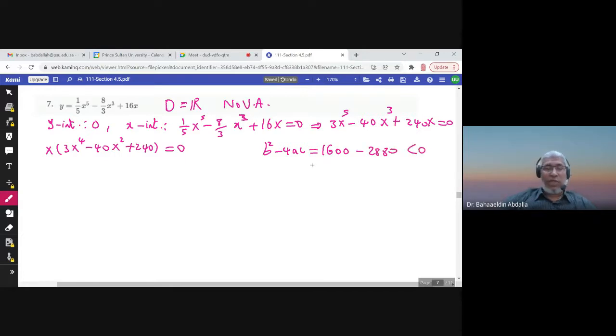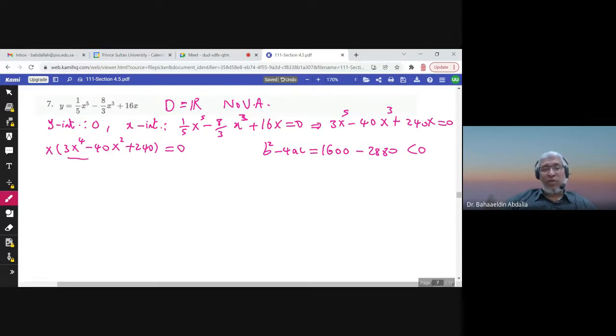So this is less than 0. So this polynomial has no real zeros. It's either positive or negative. Well, it is positive because if I replace x by 0, I have positive 240.